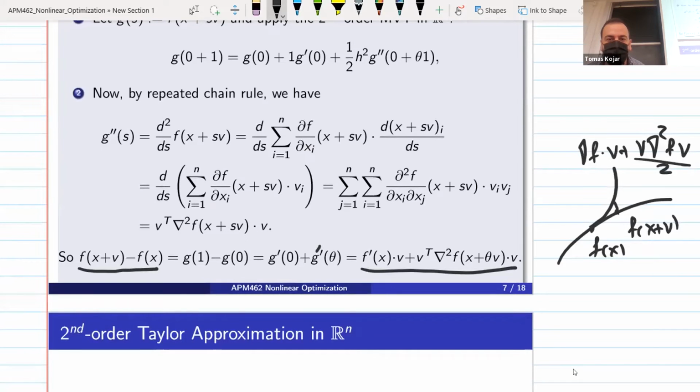I'll fix them. This is g double prime, a half. And there's a half over here as well. Yes, all over the place. Thank you.